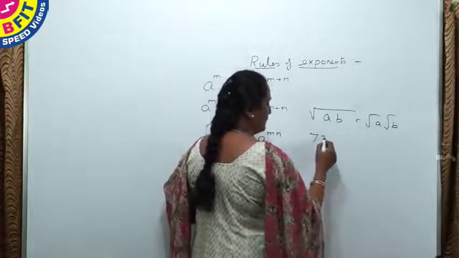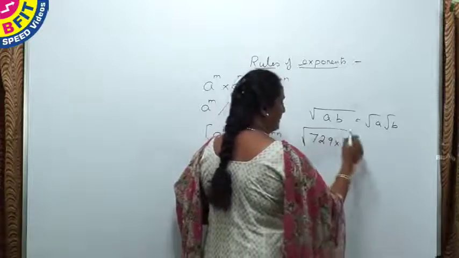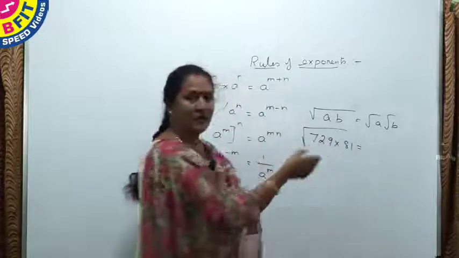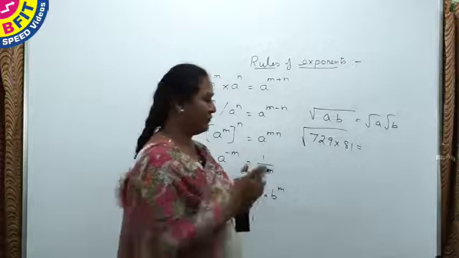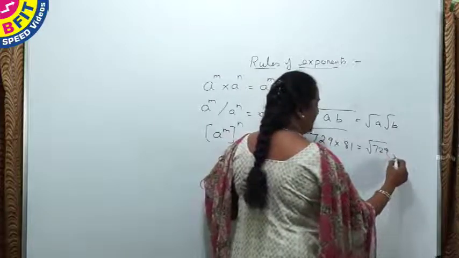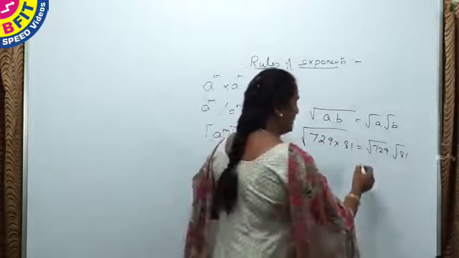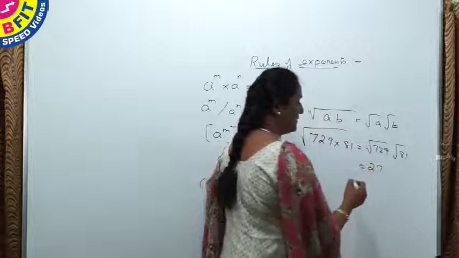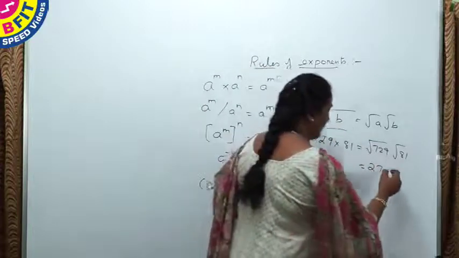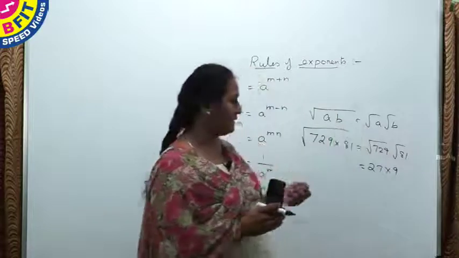Suppose you are asked to find the square root of 729 into 81. Instead of multiplying and then finding the square root, you can take the square roots and then multiply. So root of 729 is 27 and root of 81 is 9. Then you can multiply and give the product.